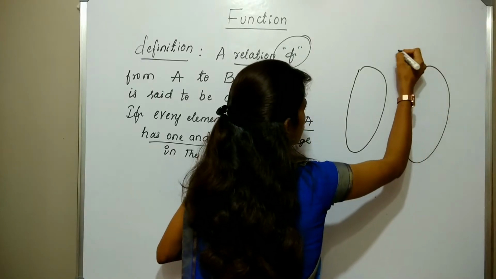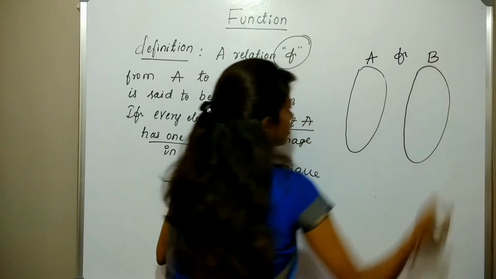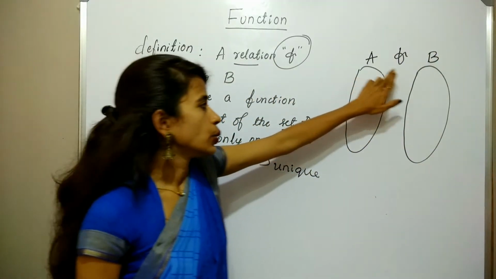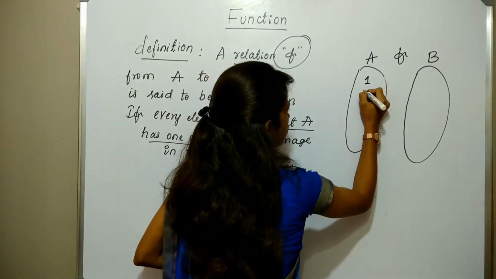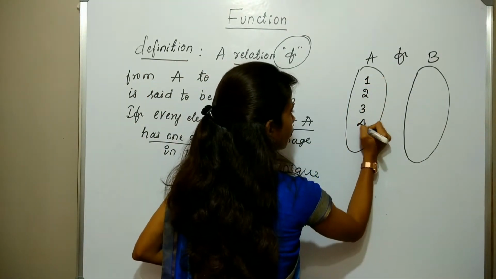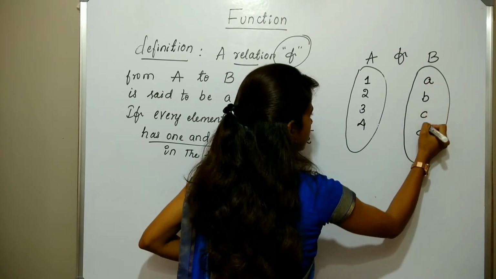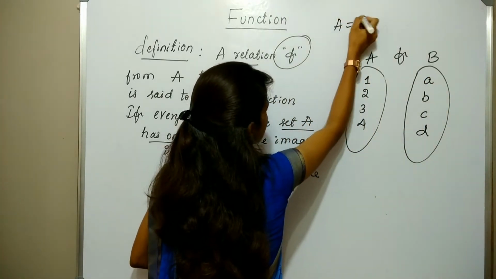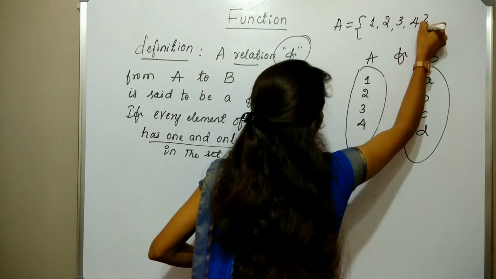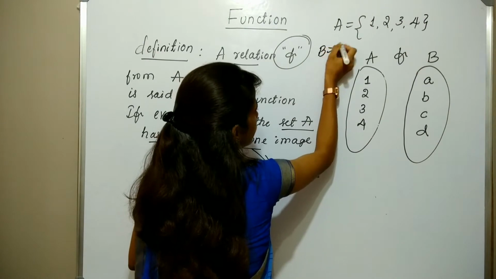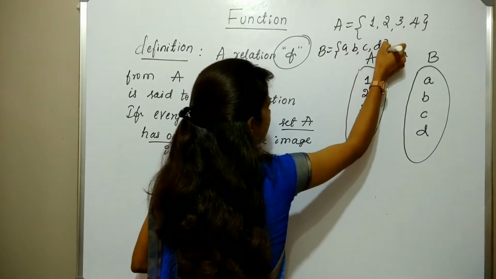To understand it better, I am using the arrow diagram. Here, for the set A, I am taking 1, 2, 3, 4, and for the set B, I am taking a, b, c, d. That is, the set A is non-empty and includes 1, 2, 3, 4, and the set B is equal to a, b, c and d.